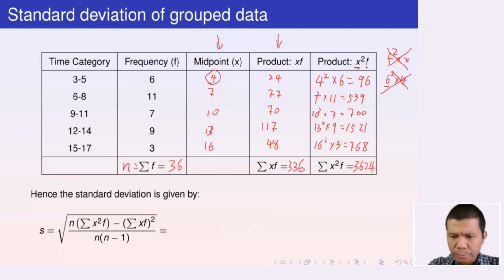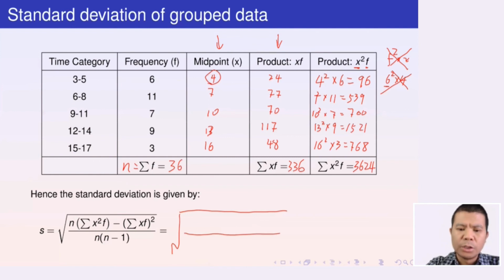Then we just plug into the formula. n is 36 times the summation of x squared f, 3624, minus the summation 336 squared, over n times n minus 1, which is 36 times 35.